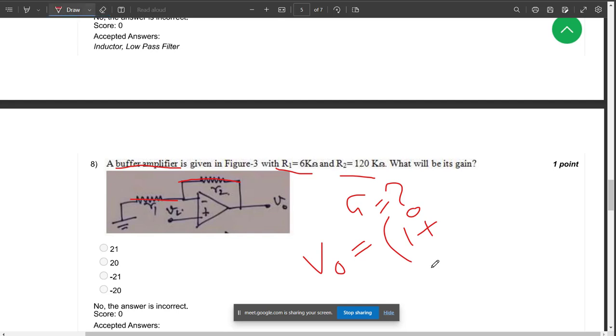R1 is 0 and R2 is 0, so we have V1, almost equal to V1. It's a closed loop amplifier. It has closed loop feedback. So we short circuited and we got something like this.